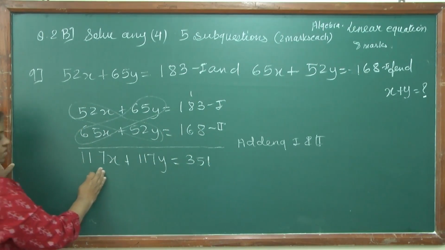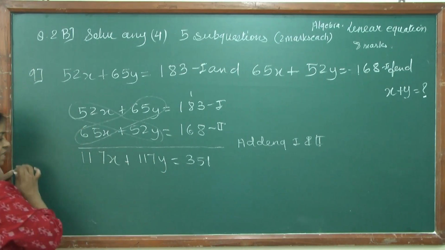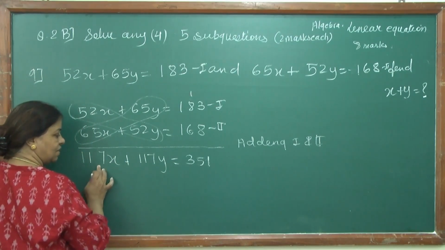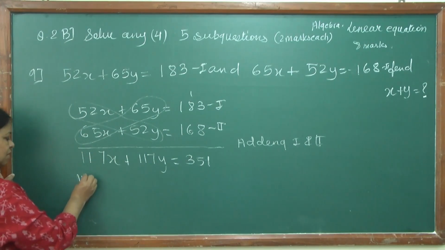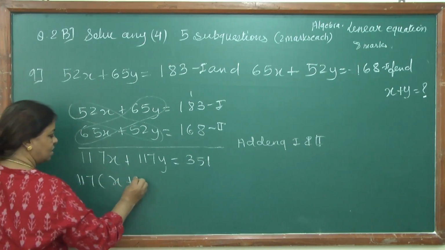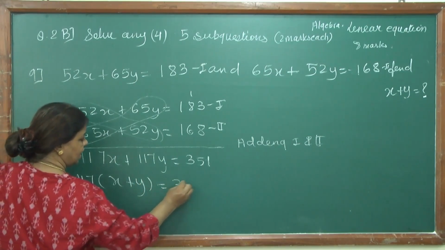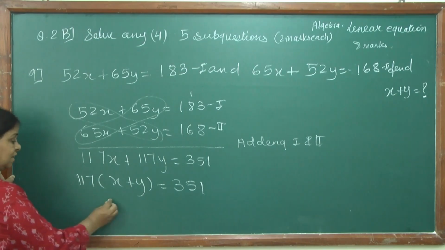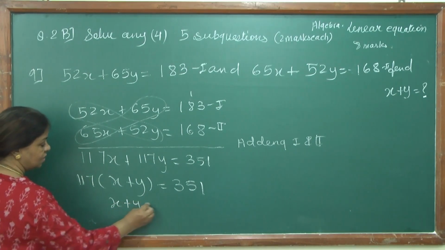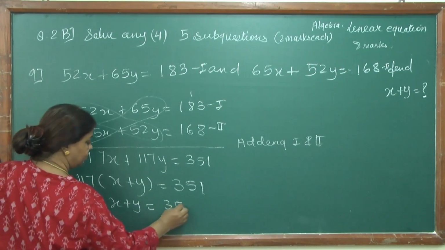Now you see, children, here x coefficient is 117, y coefficient is 117. I can take 117 out and I get 117 times x plus y is equal to 351.